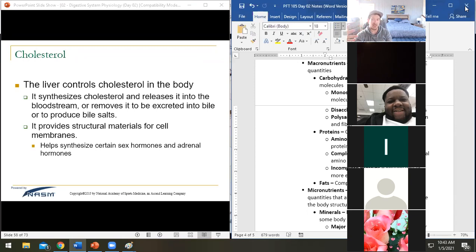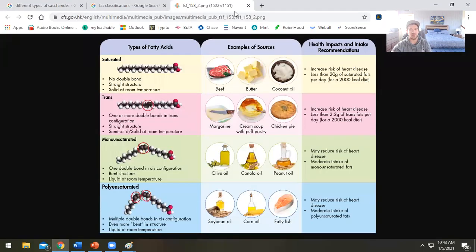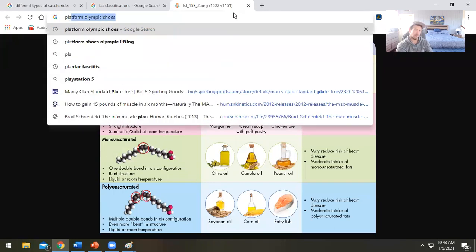So the problem is we get a lot of cholesterol in our diet, and then we have too much of it, and our body can only make so many hormones. So then that cholesterol ends up staying in your bloodstream, and it parks itself on your blood vessels. That's where we really start to run into problems, because you start to see stuff like this.